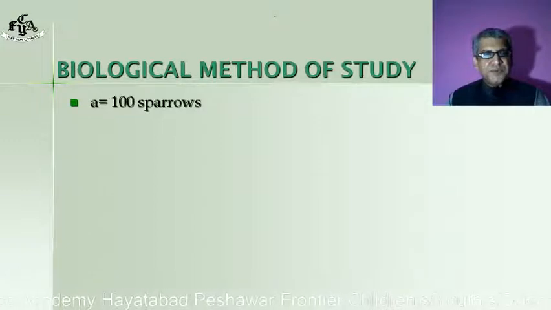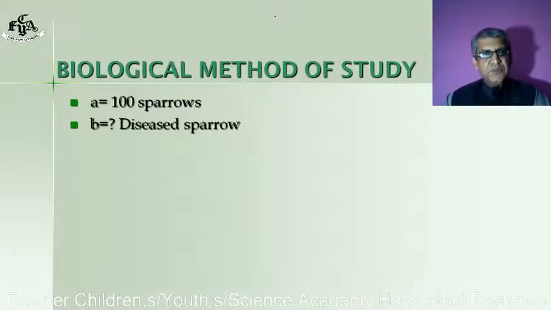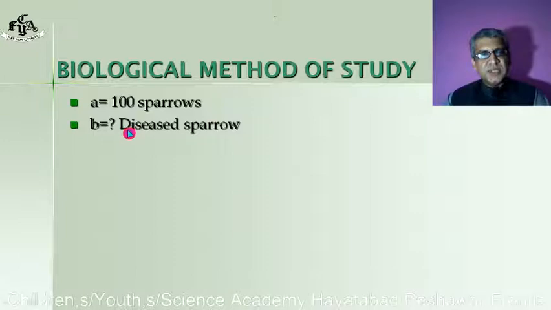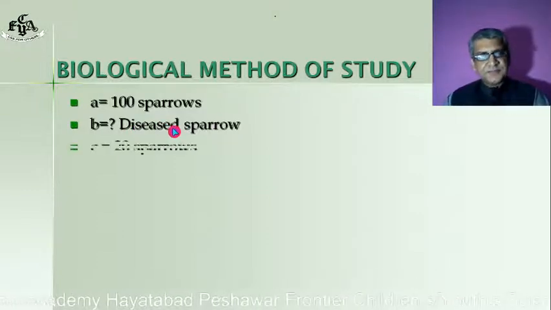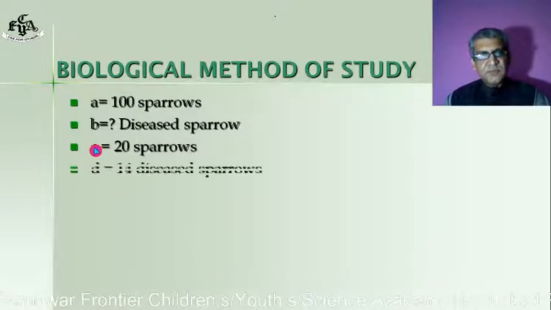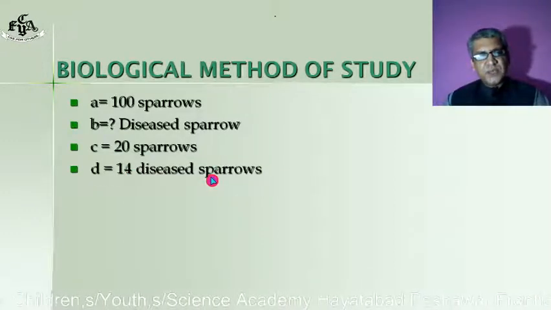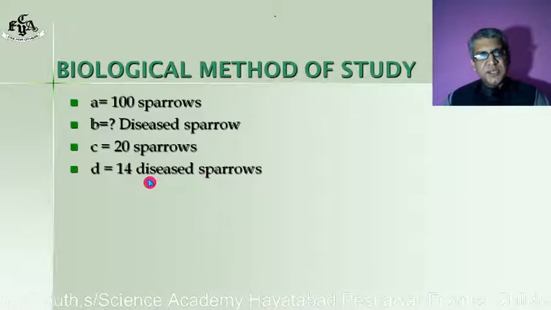In the question, there are 100 sparrows, and the scientist wants to find out how many would get malaria. So B, the diseased sparrows, is unknown. In one of the experiments, 20 sparrows, represented by C, got 14 diseased sparrows when the mosquito bit them.